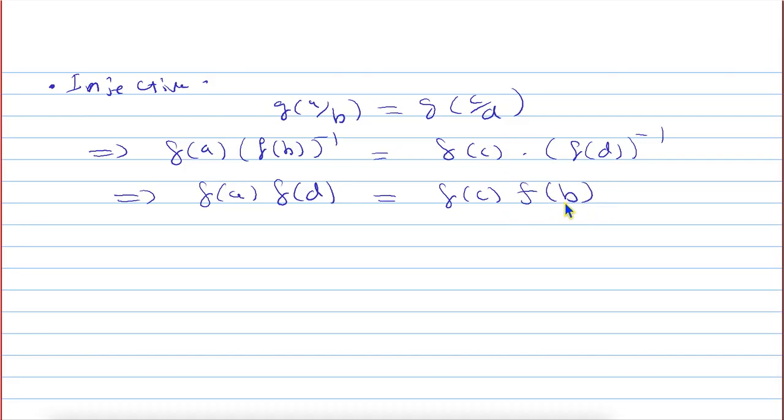And because f is a homomorphism, this will imply that f of AD equals f of CB, okay? But f is also injective, so we also obtain from here that AD equals CB, right?